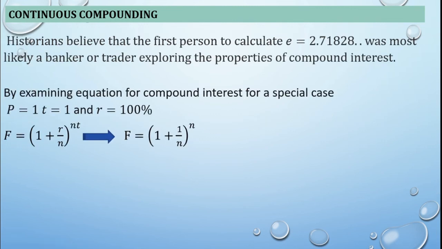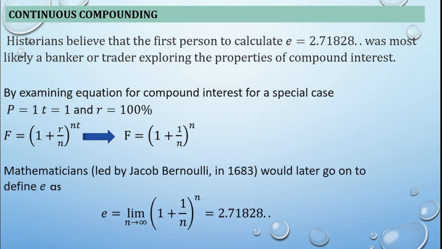Historians believe that the first person to calculate e equals 2.71828 was most likely a banker or trader exploring the properties of compound interest. By examining the equation for compound interest, for a special case P is 1, T is 1, and R is 100%, we have F is equal to 1 plus R over n raised to nT, or F is equal to 1 plus 1 all over n raised to n.